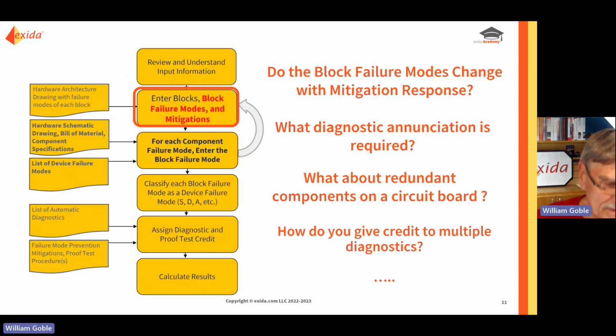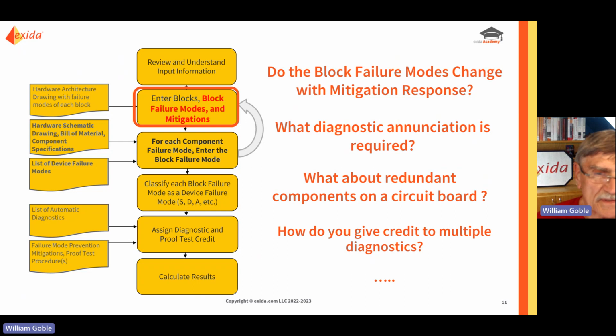But sometimes things don't go smoothly, and questions come up like, do the block failure modes change with mitigation response? In other words, automatic diagnostics and the actions taken. What's the minimum level of diagnostic annunciation required to give credit for diagnostics?